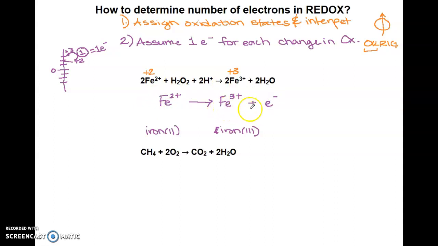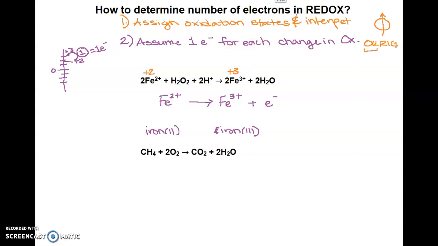I always think of it as if it lost it, but it's just actually down on the floor by it, like you might lose a dollar bill out of your pocket. That helps me prevent using a minus sign to reflect loss. So we have iron 2+ becomes iron 3+ through the loss of 1 electron. And again, I know it was 1 because it was 1 change in oxidation state, going from +2 to +3.